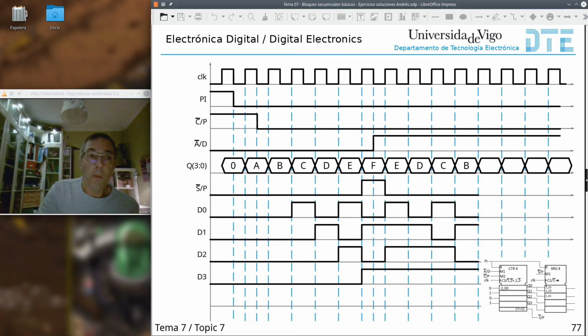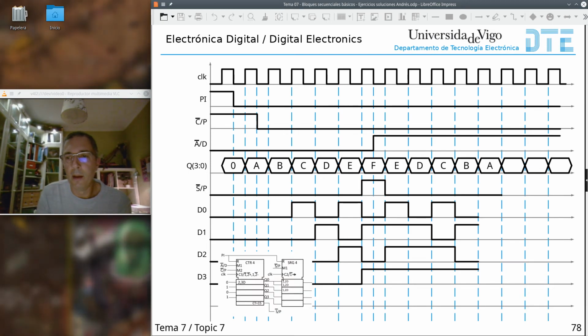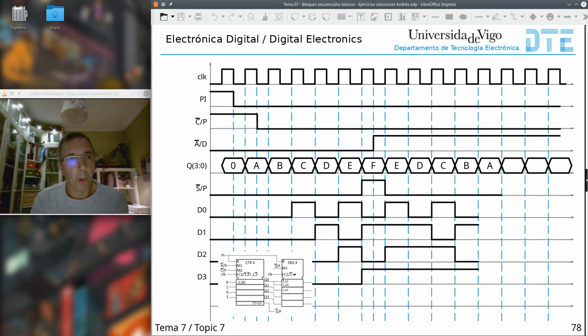Now I will move this small circuit I keep for reference to the other part of the chronogram that is flat, no matter. And the next pulse makes the B output become A. That's number 10. So the same thing happens. Now B is odd, so D0 will become 1, and we will propagate the signals.